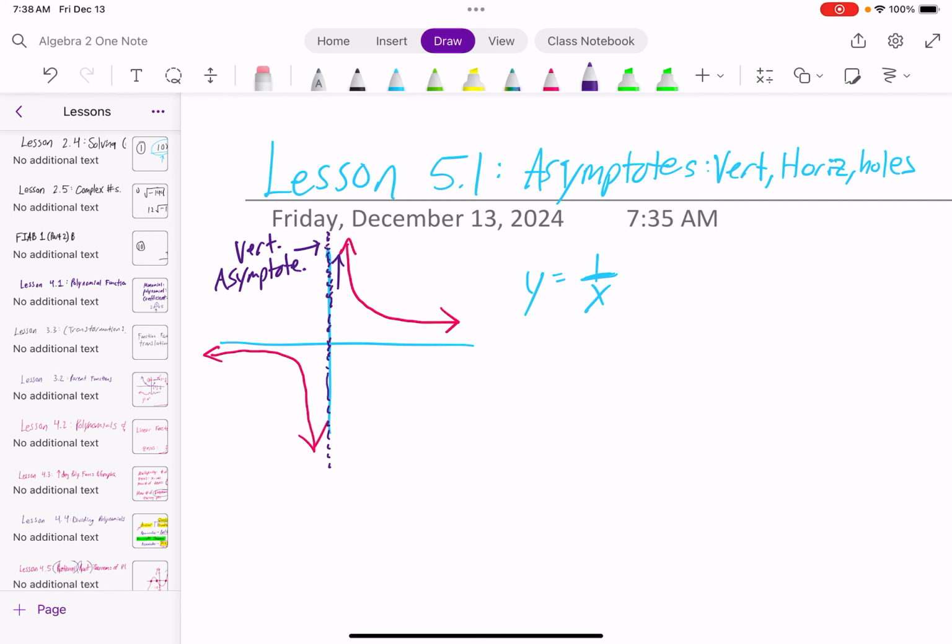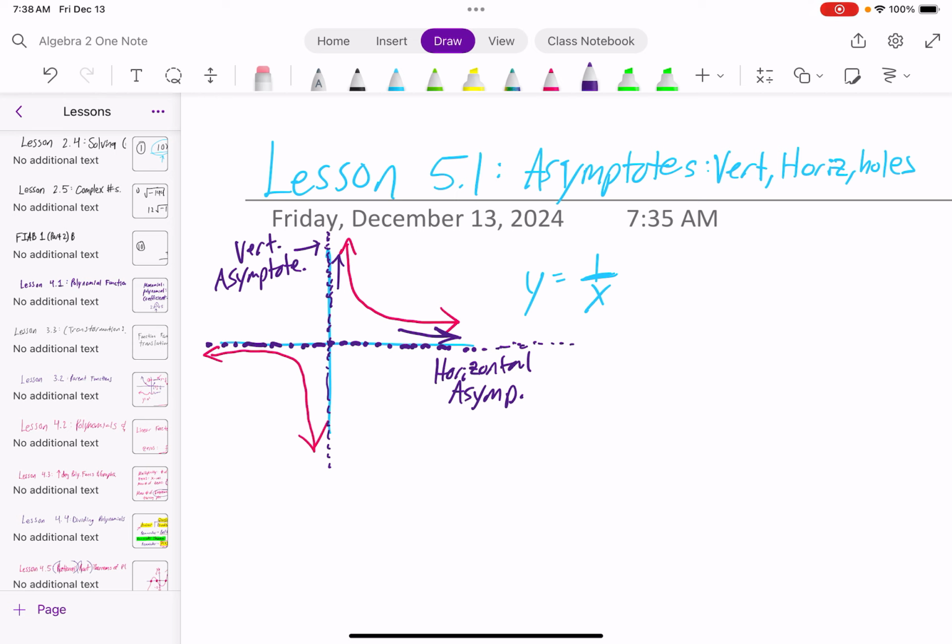And similarly, we have a horizontal asymptote here, where again, this line wants to approach it, it's approaching it, but it never seems to get to the asymptote. So those are vertical and horizontal asymptotes.